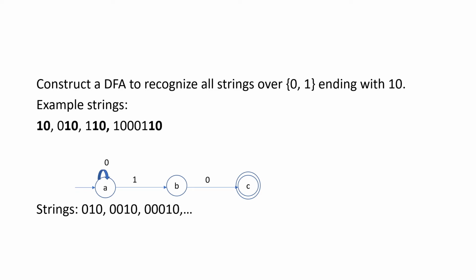If we introduce a self loop here, then what language does this DFA generate? It generates strings like this: 0, 1, 0, 0, 0. So anyhow, however many times I repeat this loop, I'm getting a string that ends with 1, 0, right? Hence this transition, that is this edge, is a valid one.